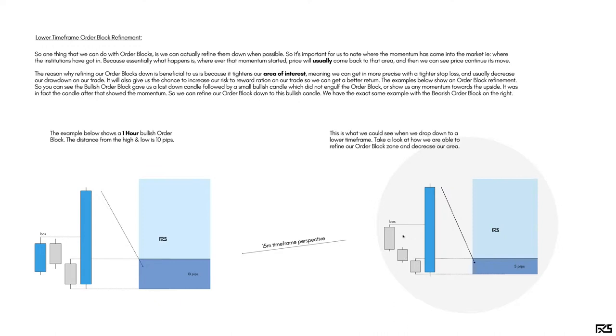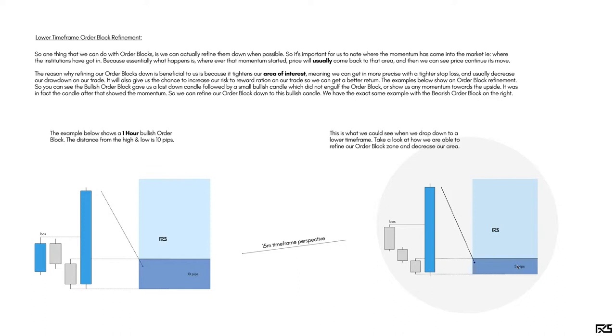I know it's only 3 candles, but when we drop down to a 15-minute time frame, we can look at, right, where's that momentum come into the market? Well, in this example, it's this candle here, which also broke structure. Now, this is the last down move, and this down move on the 15-minute time frame could be 5 pips.